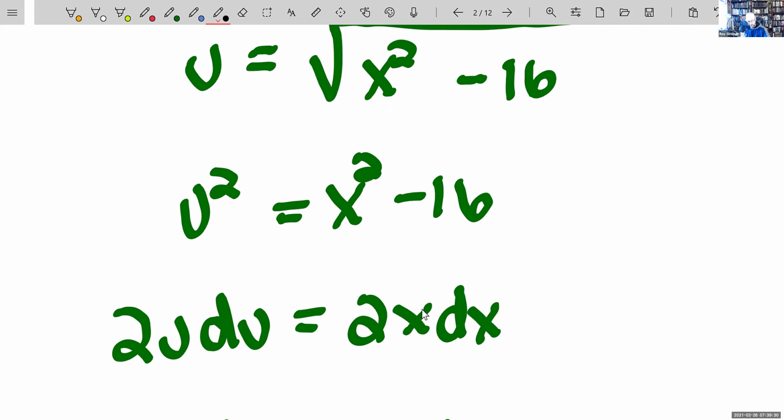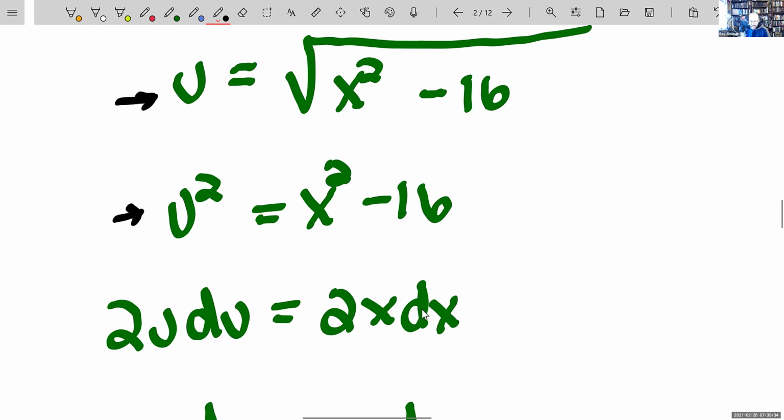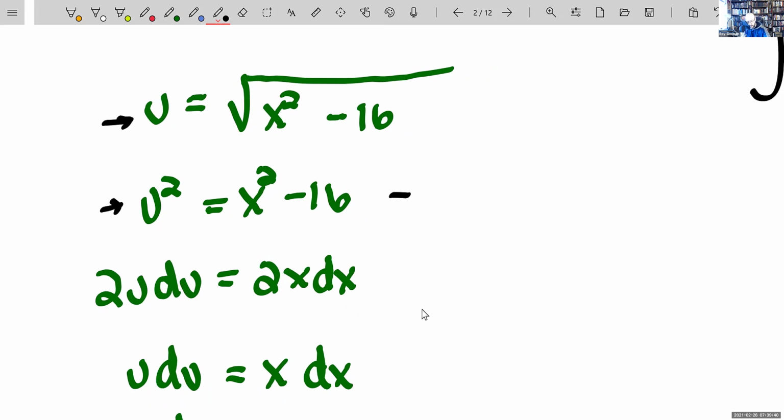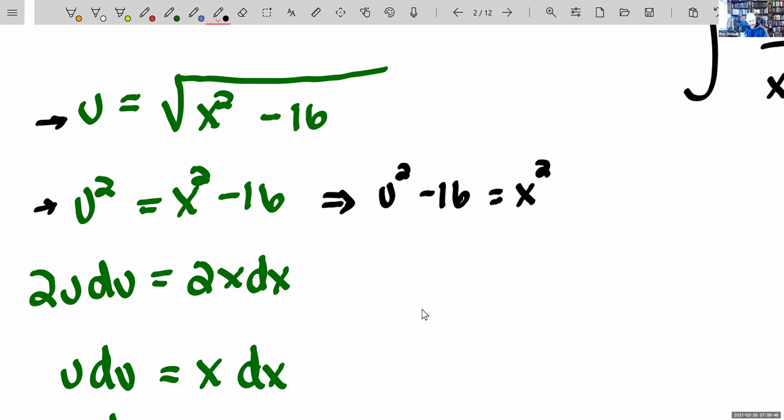This guy, well, either of these guys right here actually would work. However, I need to get it to be an x cubed, not an x squared, which makes it really, really ugly. That'd be u squared plus 16 is equal to x squared, and then you would raise both sides to the 3/2 power to get an x cubed. It is a plus.